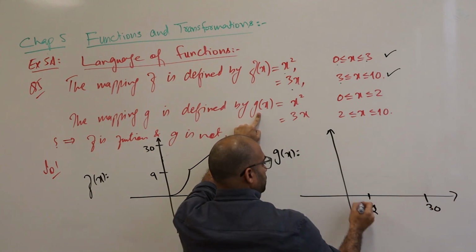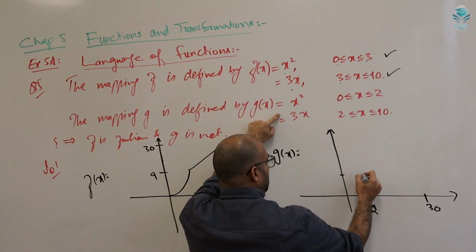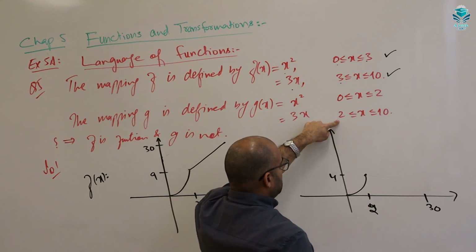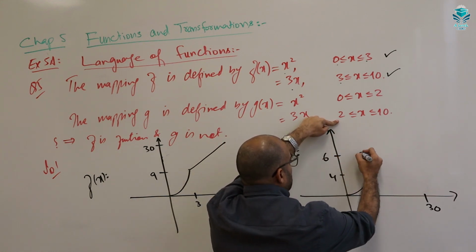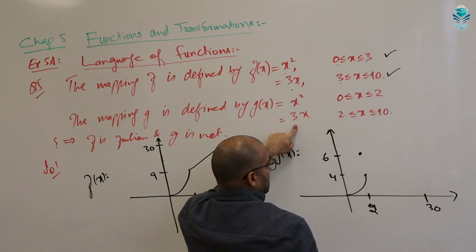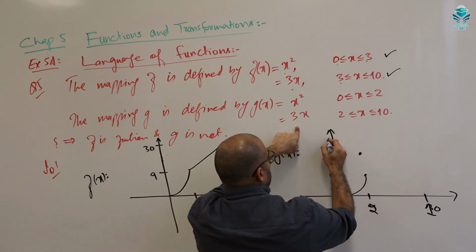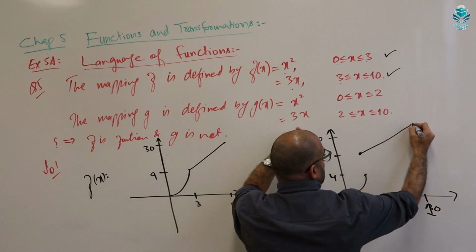Sorry, at 2 it is 4, this one, and at 2 it is 6, a straight line, and at 10 it is 30, this one.